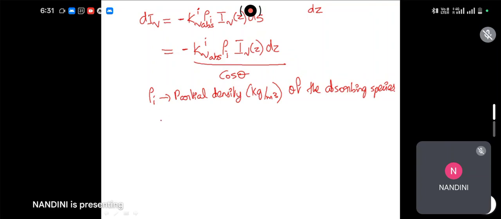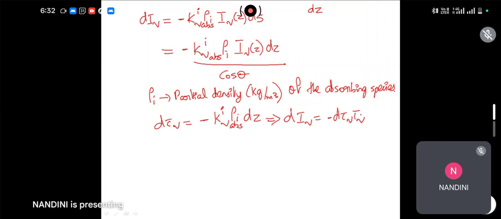So if we introduce the optical depth, the change d tau nu is equal to minus k nu absorption I into rho I into dz, giving dI nu equal to minus d tau nu into I nu infinity, which is the incoming solar radiation.